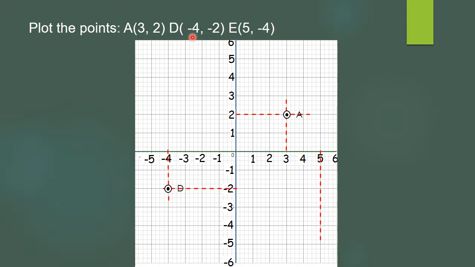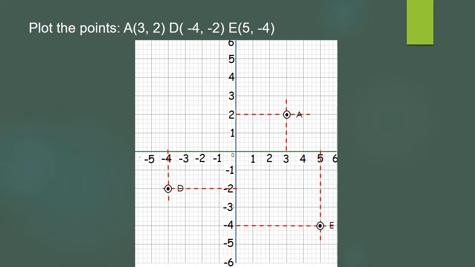Another, minus 4, so draw the line through minus 4 parallel to the x-axis. Where these lines intersect, that point is E (5, minus 4). So we have plotted the points A (3, 2), D (minus 4, minus 2), and E (5, minus 4).